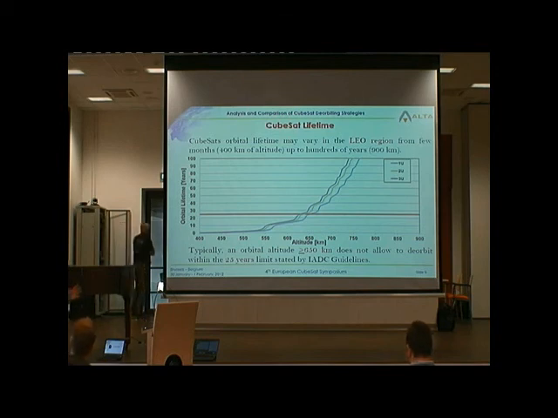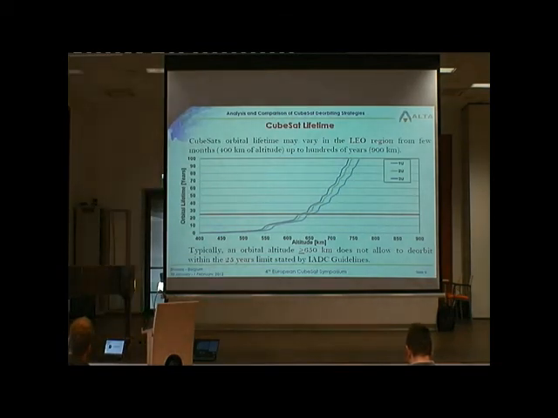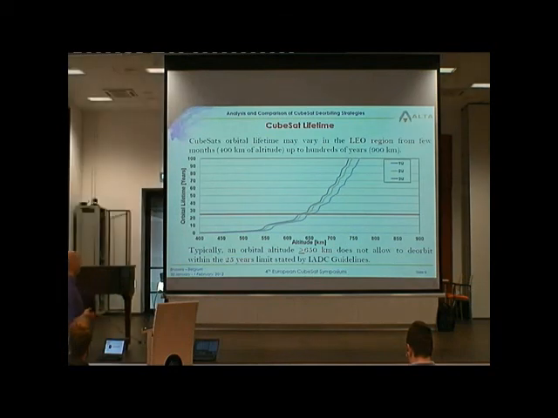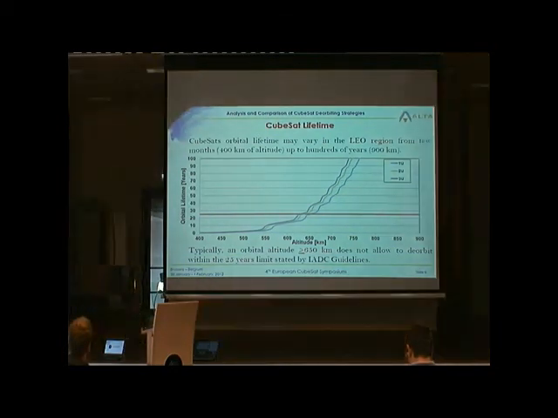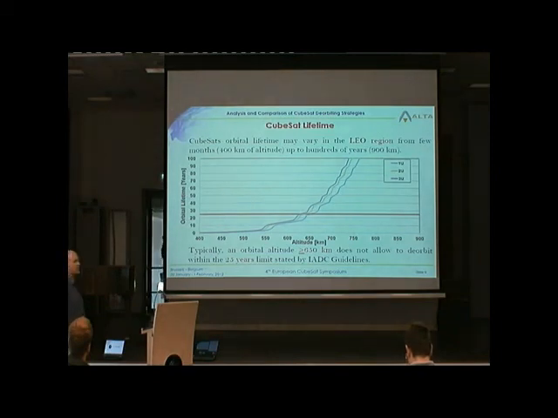You are allowed to have a 25-year mission, and then after 25 years, you somehow should get rid of your satellite. And this is only possible if you launch your small CubeSat to quite low orbits, like 600-something kilometer orbits. Otherwise, it does not come down by natural decay. So this is a small problem, and that's why deorbiting mechanisms are quite a popular study topic.